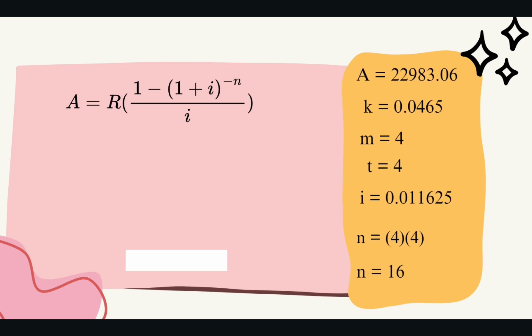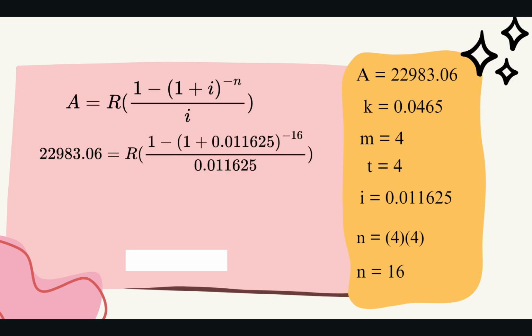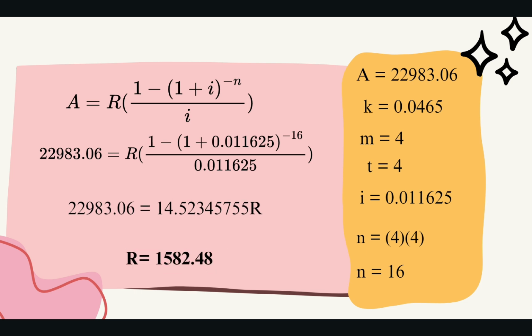A is 22,983 ringgit 6 cents, K equals 0.0465, M equals 4, T is 4, and I is 0.011625. We need to calculate the new N, which is 4 multiplied by 4 equals 16. Then we insert these values into the formula, so we can get the value of R, which is 1,582 ringgit and 48 cents.